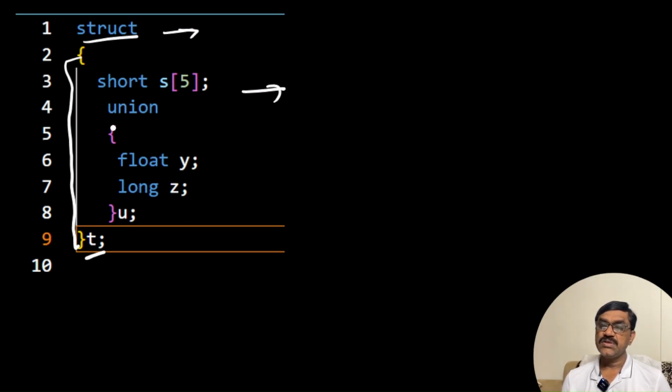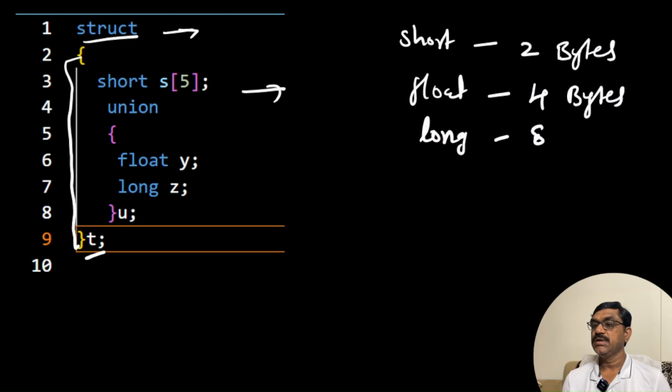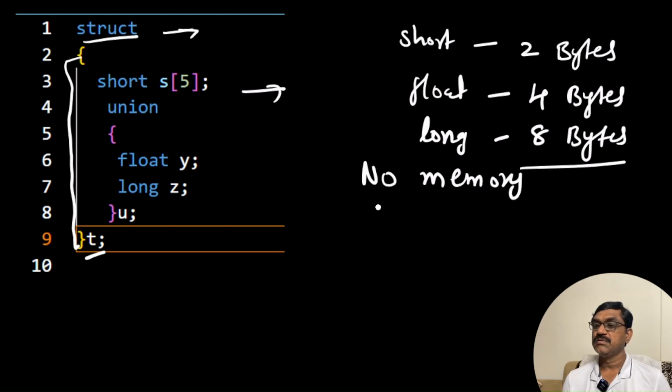In the GATE examination, they have given this code and they have mentioned that short is going to take 2 bytes of memory, and next float takes 4 bytes of memory, and long takes 8 bytes. These are the details which were given in the question, and they have said that there are no memory alignment considerations.